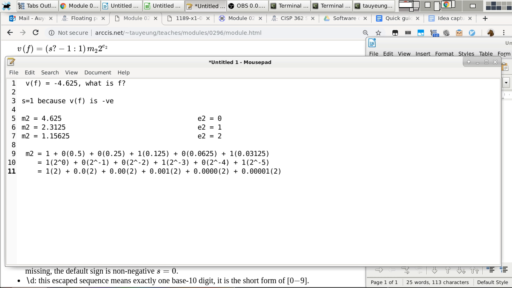Do we understand this conversion? How I switched from base 10 to base 2 once I have 1 of this, 0 of this, 1 of that, 1 of that, 0 of that. Each one is a power of 2. Once I get to that point, I can do the conversion.